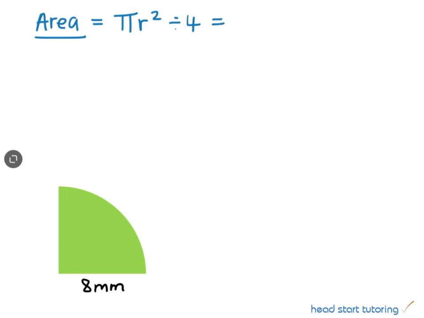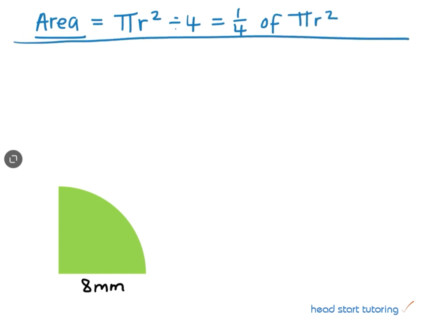So another way of writing this formula is to say a quarter of our full circle, which is pi r squared. So you can use either of these formulae to work out the area of a quarter of a circle. So pi r squared divided by 4, or a quarter of pi r squared.